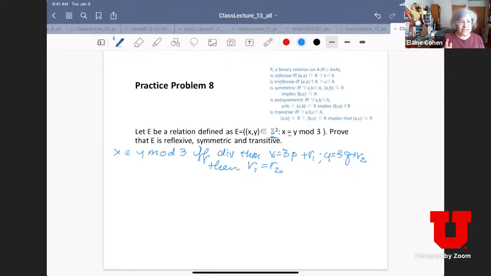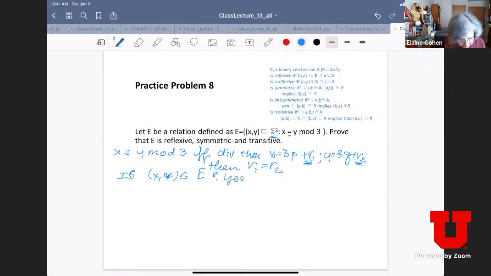Okay, so let's first say, is x in E? Well, yeah, since I'm just writing x the same time there, I have the same values for the remainders over and over again.